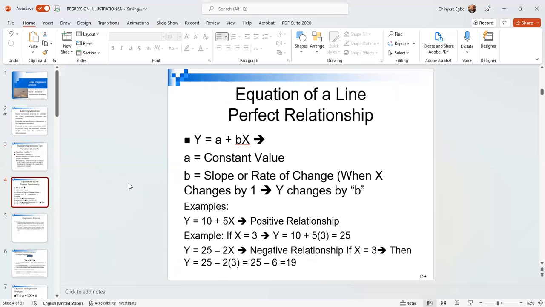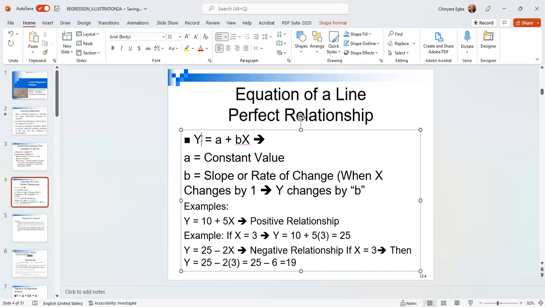Last time we illustrated this point. What we are looking for is a relationship Y, whose values depend on the values of X. Now, b represents the rate of change.